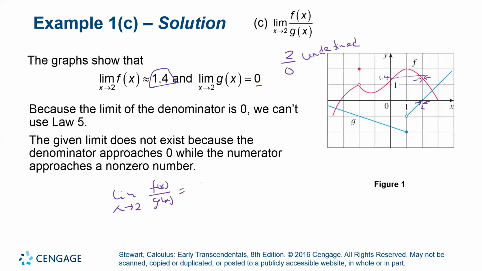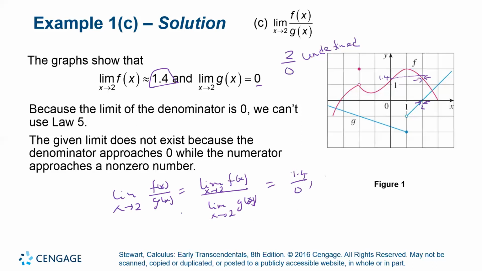we use the quotient rule, which says that this is the limit of f of x divided by the limit as x approaches 2 of g of x. Now you are going to have 1.4 divided by 0, and so it's undefined.